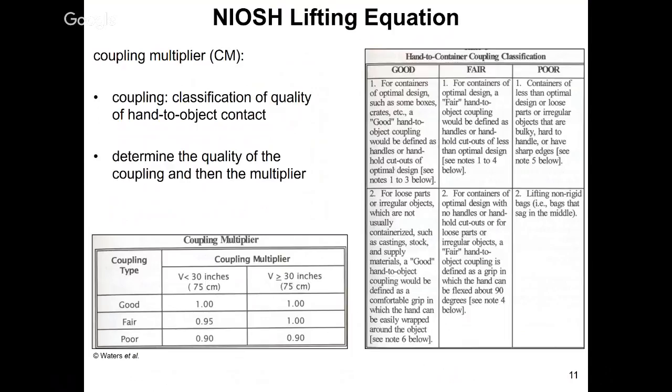And then I think of a mattress or something really weird and awkward, that's going to be poor coupling. So you figure out which type of coupling you've got, and then depending on what your V was, you're going to select a value from this table.